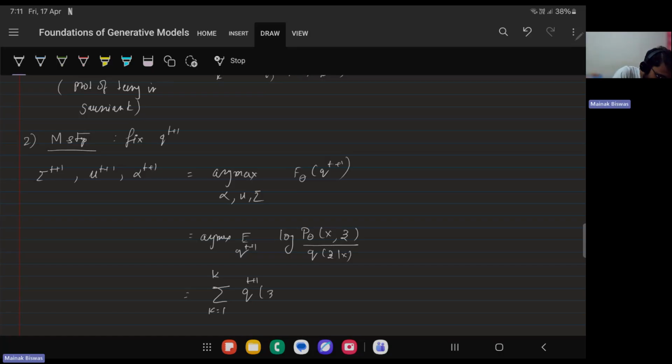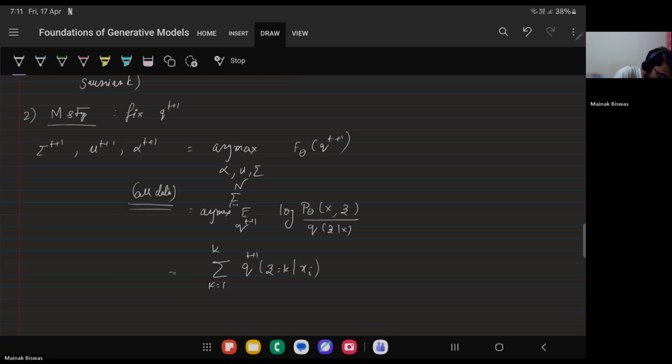q t+1 of z equal to k given xi, right? And this is over all the data points, i equal to 1 to n. So this becomes log of p theta of x given z equal to k, into p of z equal to k.